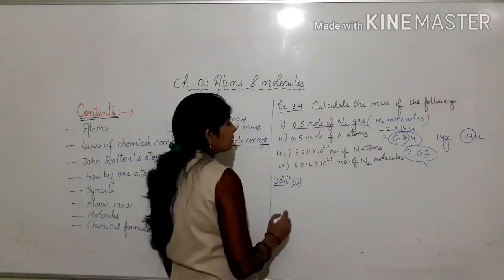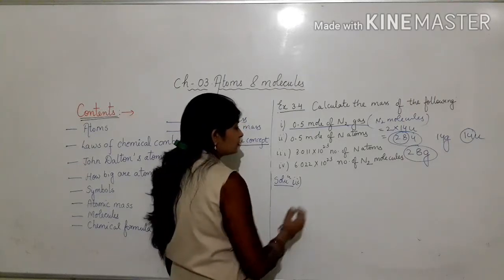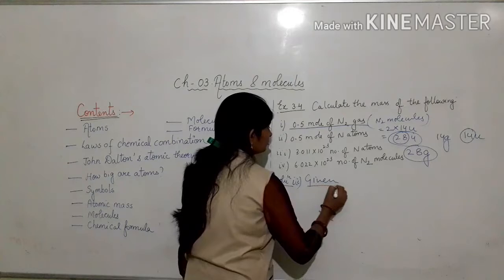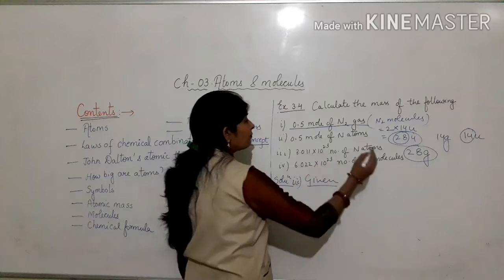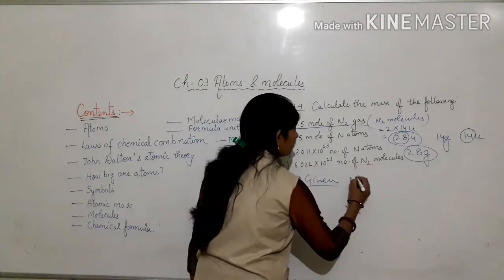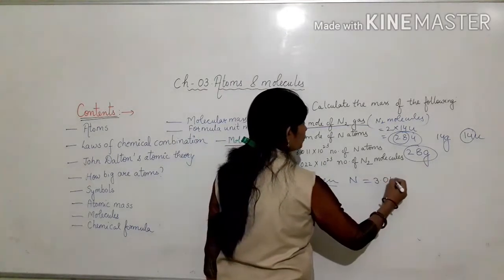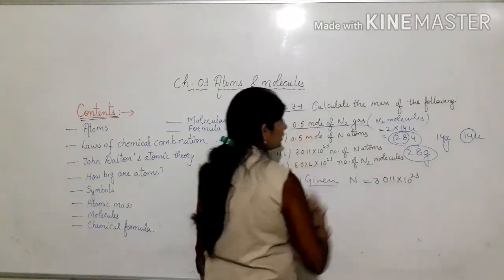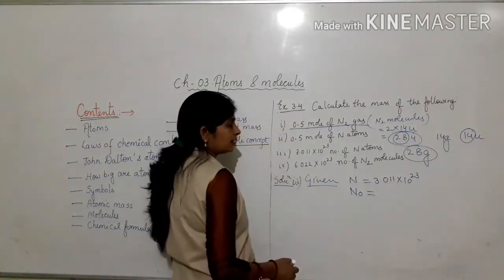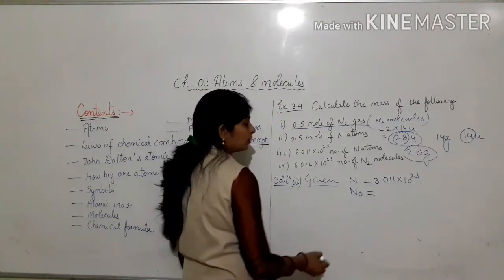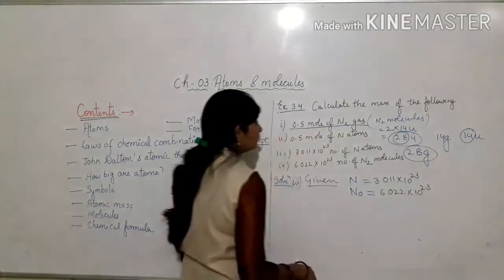Now the third part. We have to calculate the mass of 3.011 into 10 to the power 23 nitrogen atoms. Number of nitrogen atoms are given, means number of particles are given. So number of particles capital N is equal to 3.011 into 10 to the power 23. Avogadro constant, denoted with capital N naught, is 6.022 into 10 to the power 23.